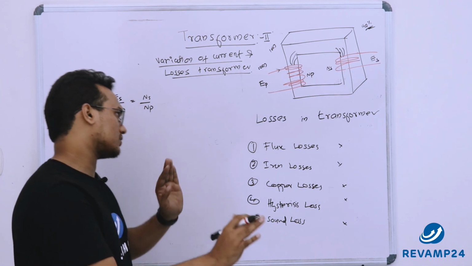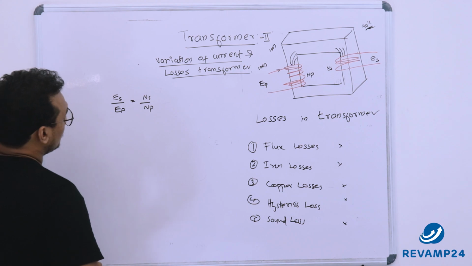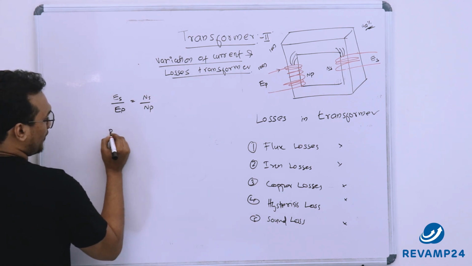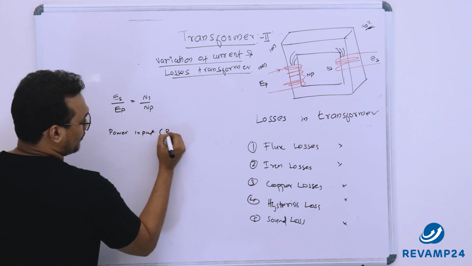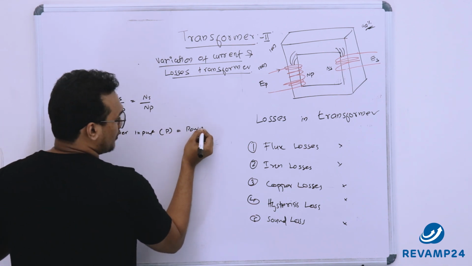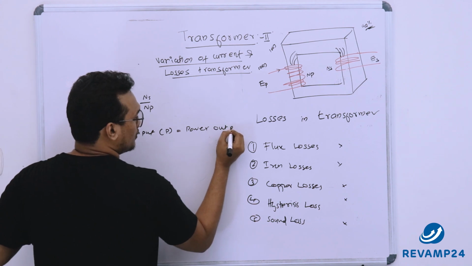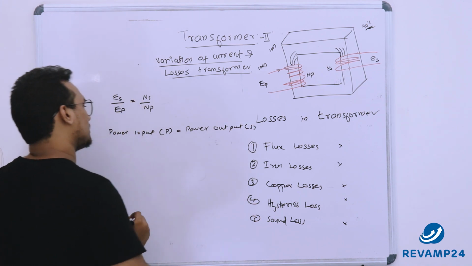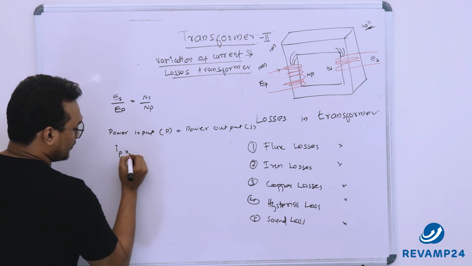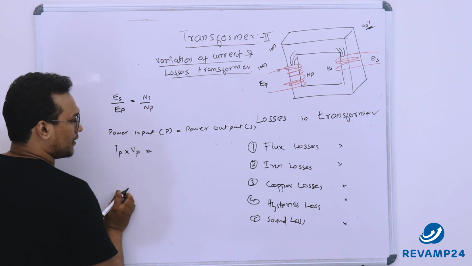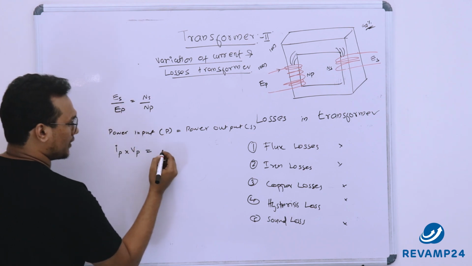There are no losses. In that case, power input at the primary is equal to power output in the secondary. Now what is power input? I primary into V primary. What is power output? V primary or E primary?